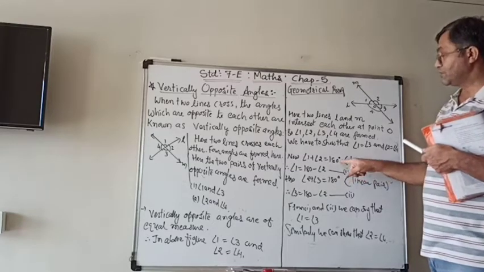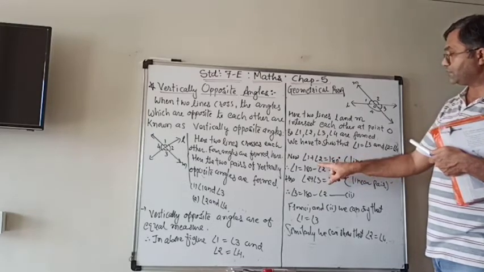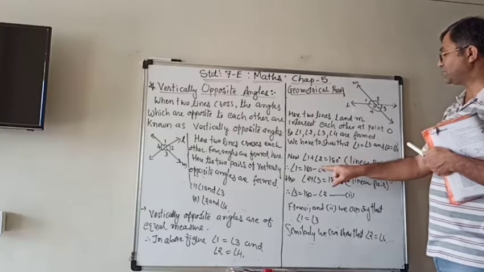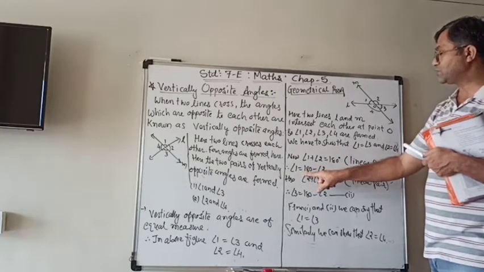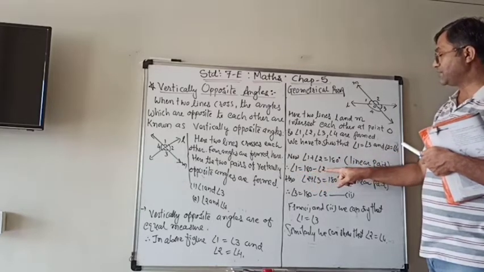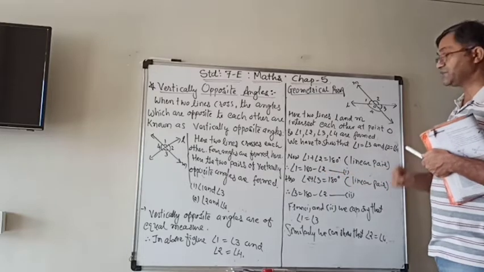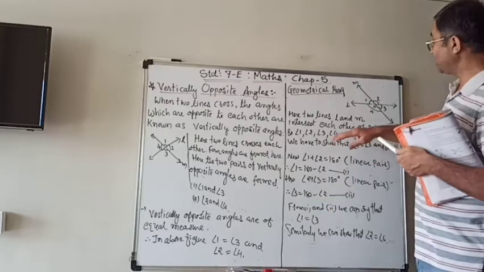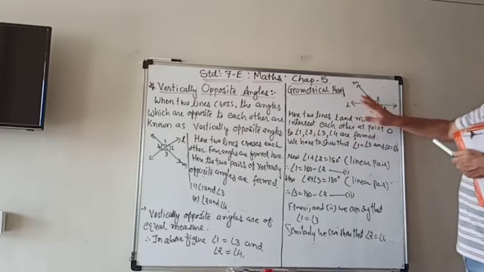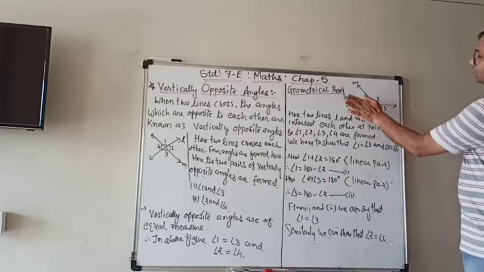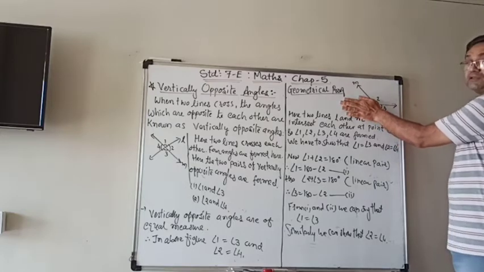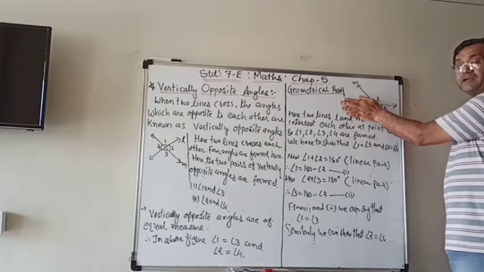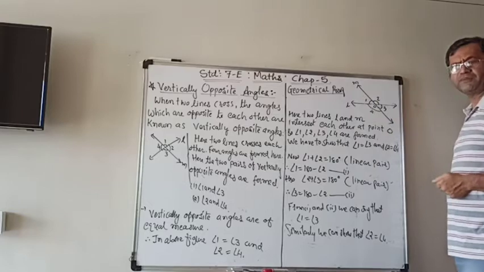If you take angle 2 to this side, it will be minus. So angle 1 is equal to 180 minus angle 2. Give it as result number 1. Similarly, angles 2 and 3 also form a linear pair.